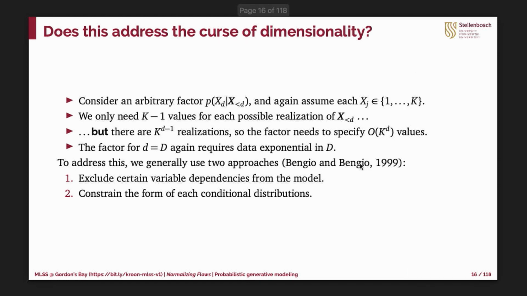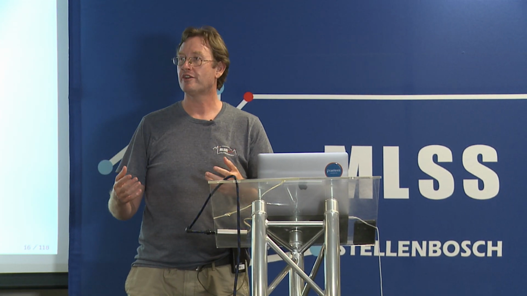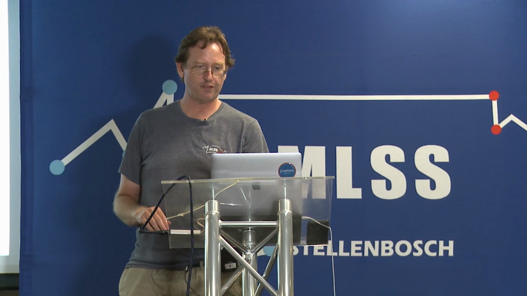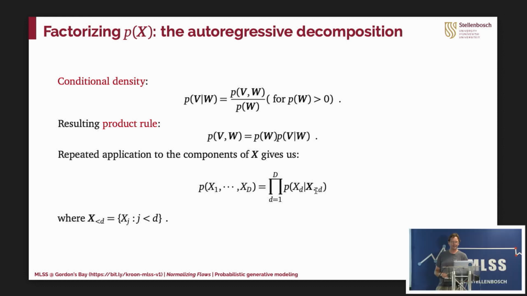Does this address the curse of dimensionality? We've got these factors, and it seems like we're on the right track, but the downside is that last factor. What happens when we consider big D in this factor? That's the probability of the last component given all the other components before that.